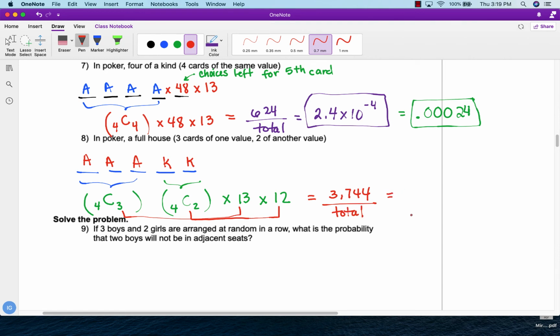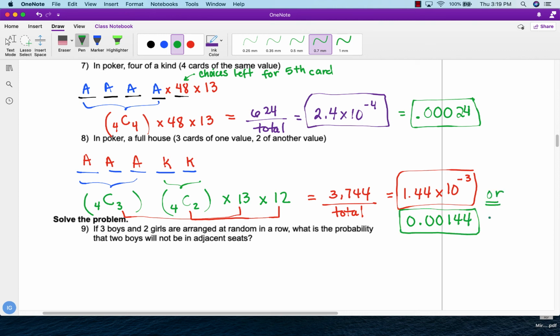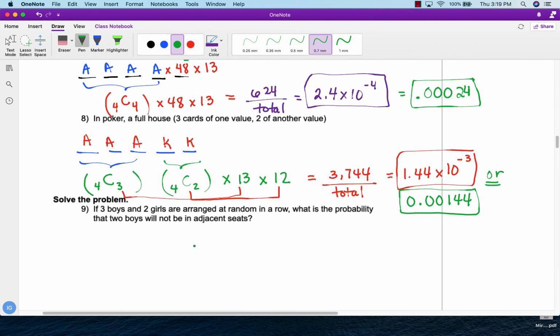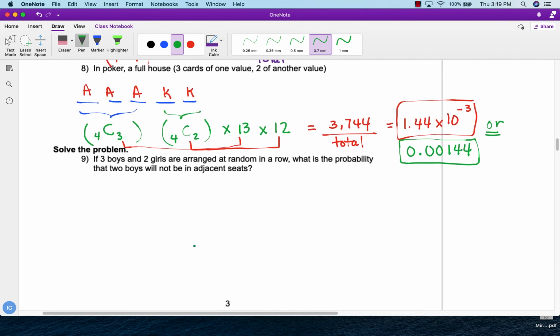And in this case, we get another small number, which is 1.44 times 10 to the negative 3. Or you can write it by moving the decimal 3 times to your left. So it's going to be 0.00144. There you go. Either or. Okay. Alrighty. Let's see. Looks like we're done with cards for this page.